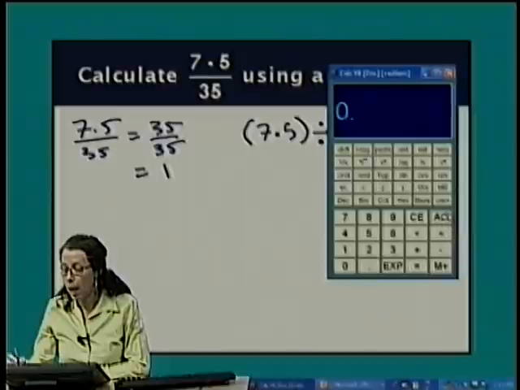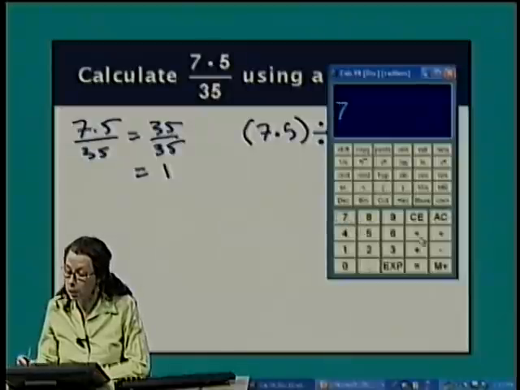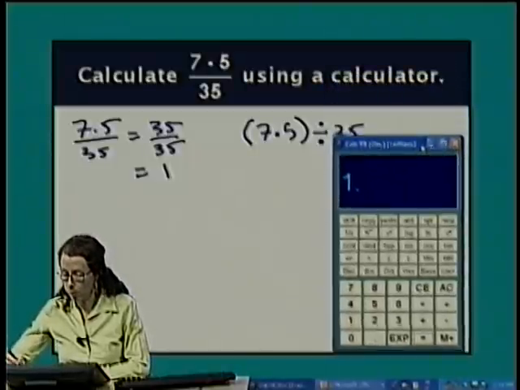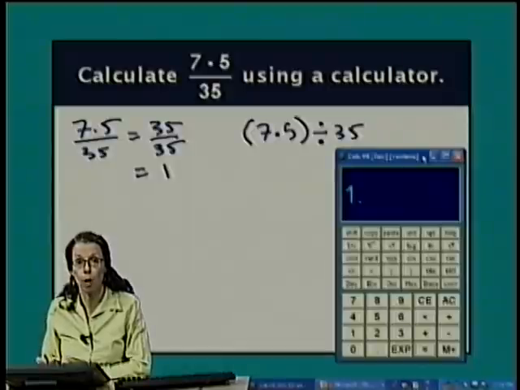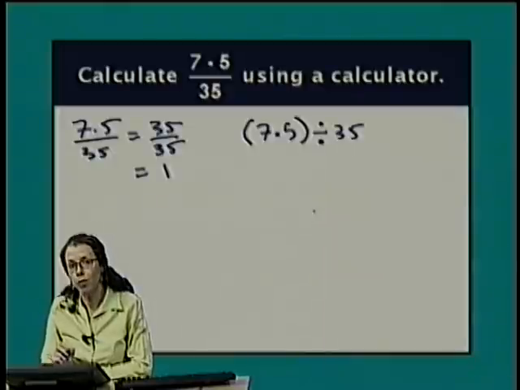Now suppose I wasn't paying attention a couple of minutes ago and I just entered this problem the way it was written. 7 times 5 divided by 35. I got the right answer. So even if I left the parentheses out, I got the correct answer. And the reason why is, think about the order of operations.